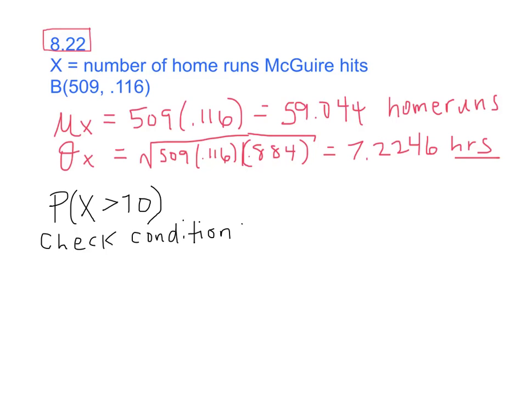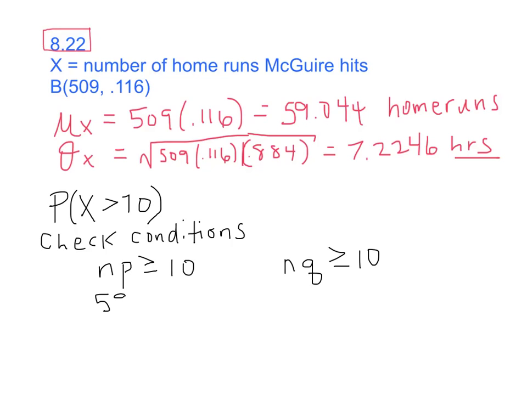So in each case, you're going to take n times p, show that that's greater than or equal to 10, and then n times q, or 1 minus p, show that that's greater than or equal to 10. You have to physically show me this on your work, and if both of those are satisfied, then we can use the normal distribution. So we really have already found n times p.